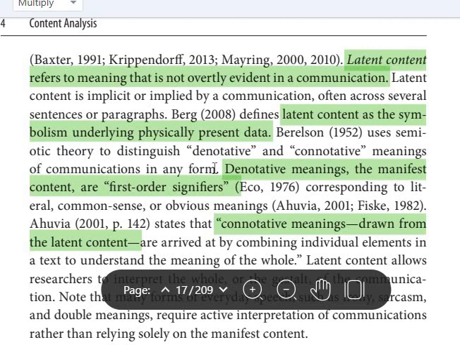What do we mean by those two words, the denotative and the connotative? These two words are so important. The meanings implied in the dictionary use the denotative meaning, which means the direct meaning.